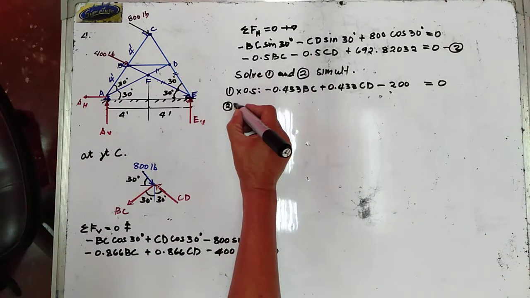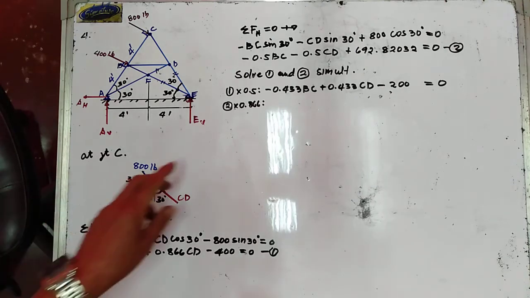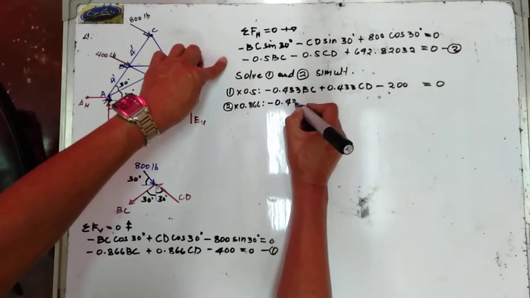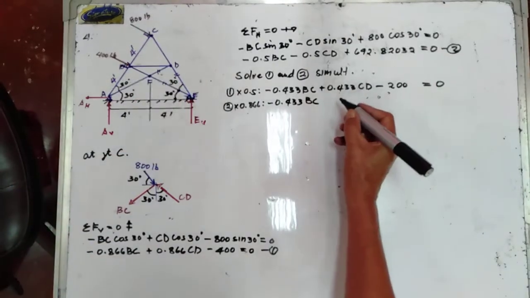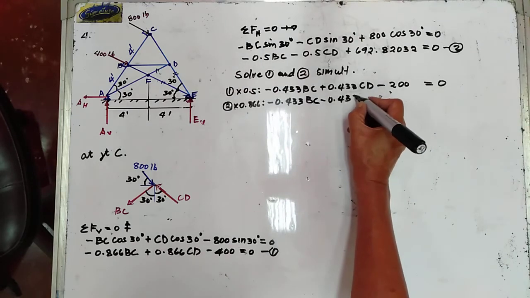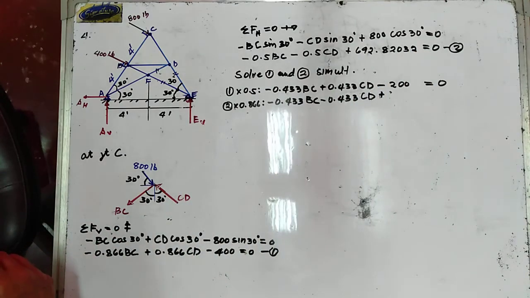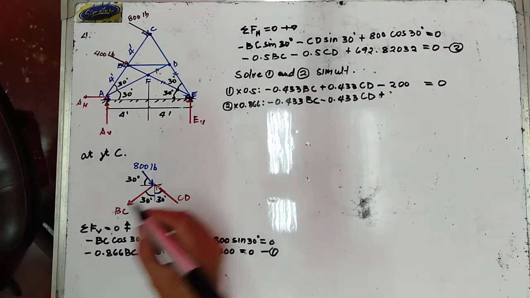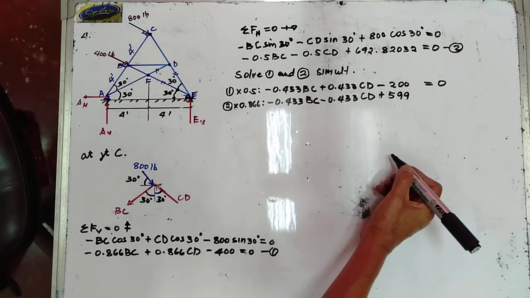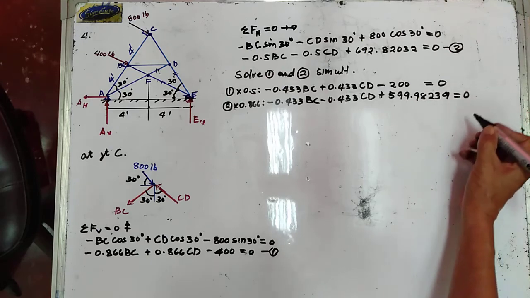We have equation 2. Let's try to multiply this by 0.866. So if you multiply this one by 0.866, we have 0.5 by 0.866, minus 0.433 BC, minus 0.433 CD, and plus 0.866 of that is 599.98239, equal to 0.